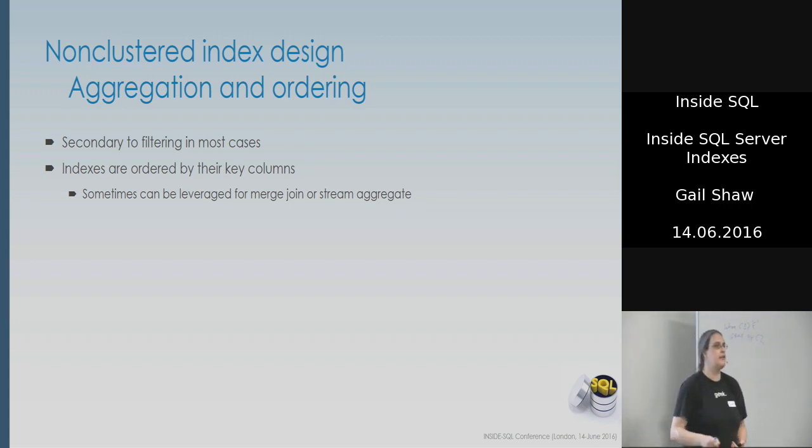Because as soon as you've got an inequality, the data coming out of that inequality predicate is no longer ordered by this. It's ordered by C1 because we've got multiple values of C1. Don't go creating indexes to support order bys at the expense of your where clause predicates in most cases.